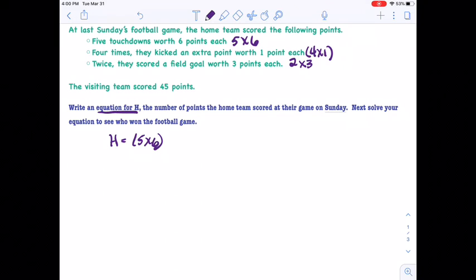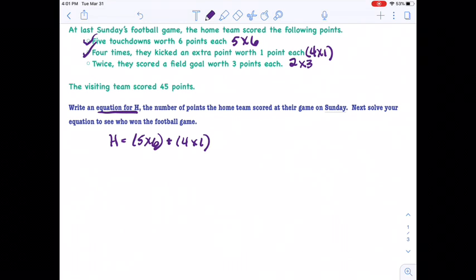Then what do we need to do? Well, we need to multiply 4 times 1. What needs to go between those two parentheses? I need an operation there. I can't leave it like it is, or it means multiply. What are we doing with these points? Well, every time they score another touchdown or get another extra point or a field goal, they're adding points on. So we need to add these points together.